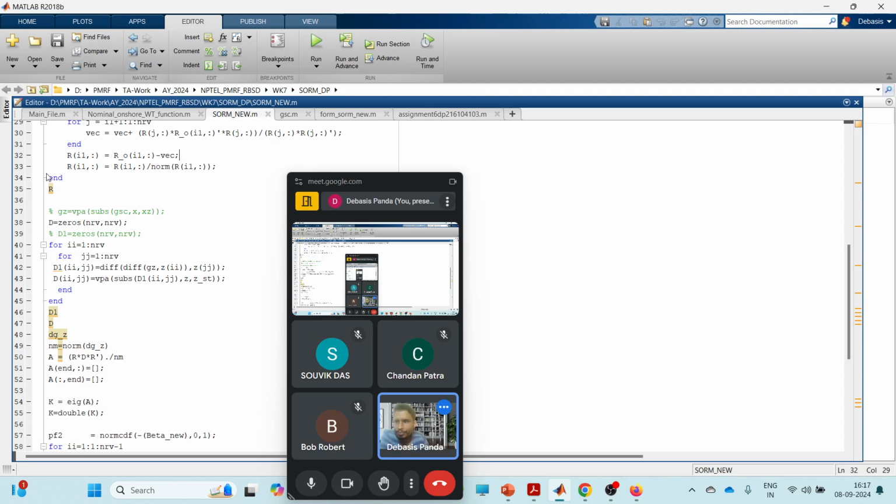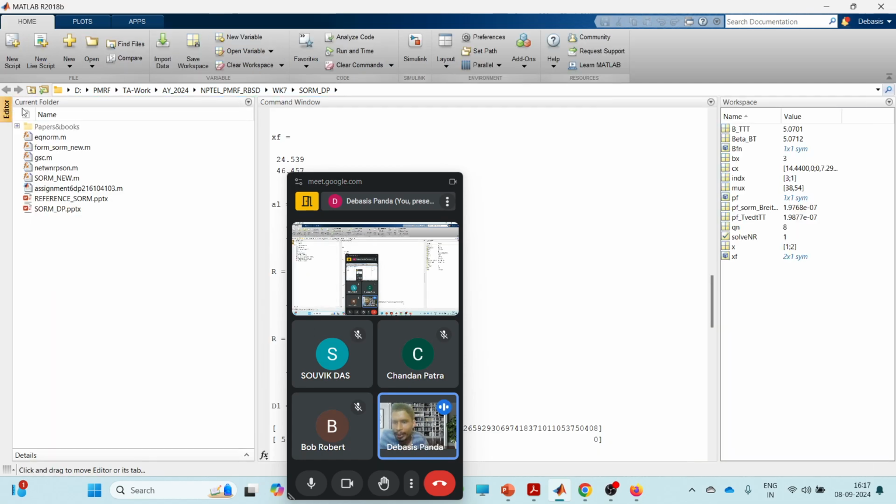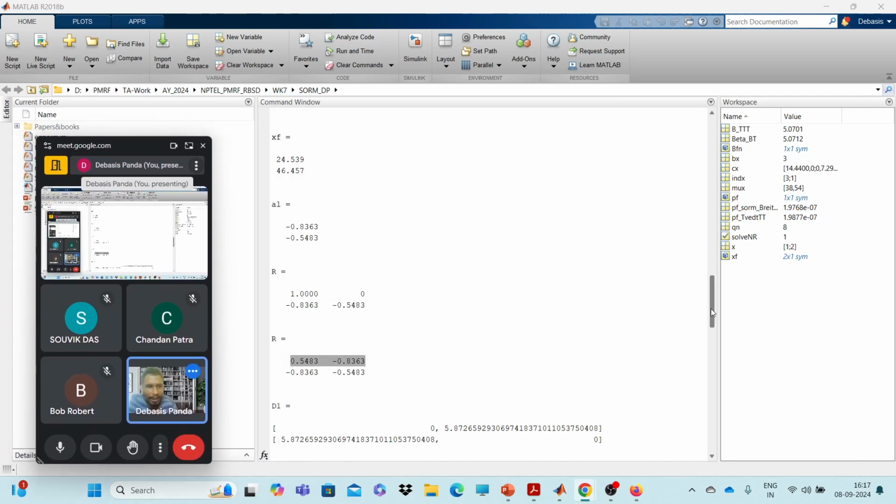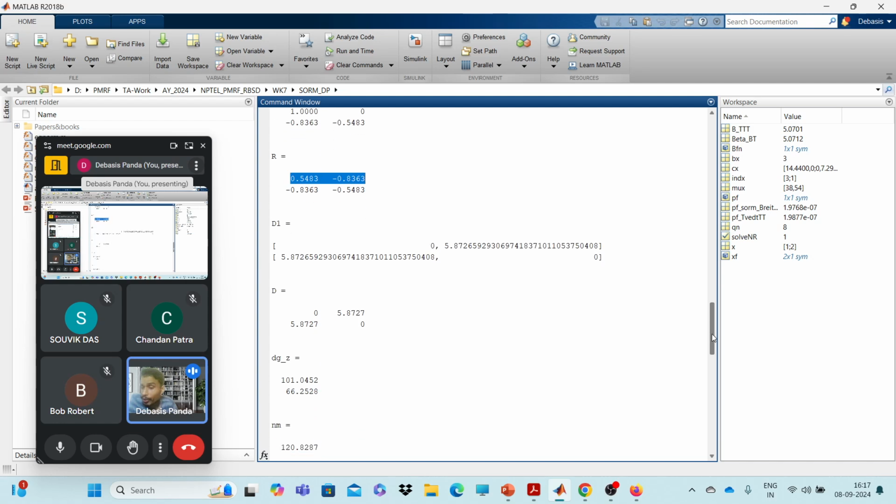Now once we have the R matrix, it looks to construct the D matrix. The D matrix is the second derivative of the limit state function in the standard normal space, so it performs the second derivative and gives me these two results. Yes, it is also consistent with the values we are getting here.